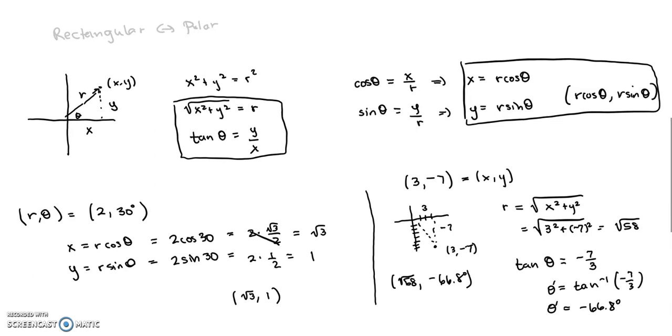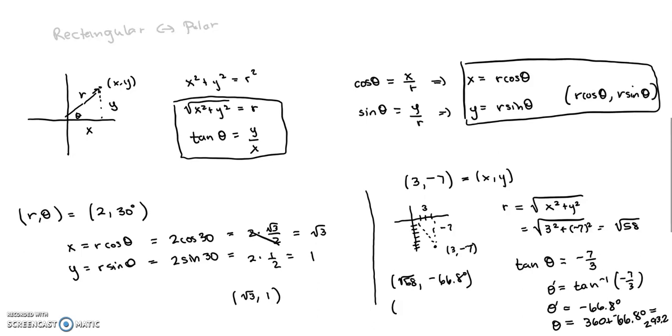Now, if they tell you to find a polar coordinate where your theta is positive, that's where we would use our coterminal angles, and we would add 360 to this. Sorry, I left out my negative there. We would add 360 to negative 66.8, and we would get 293.2.